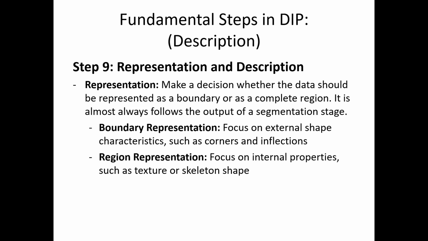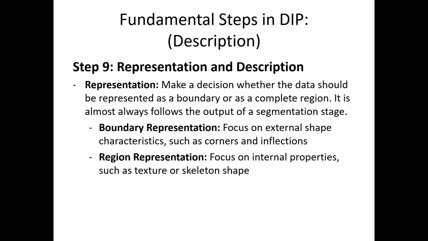We have another approach of digital image processing, that is representation and description. Representation basically helps to make a decision whether the data should be represented as a boundary or as a complete region. So what is the representation of the object?